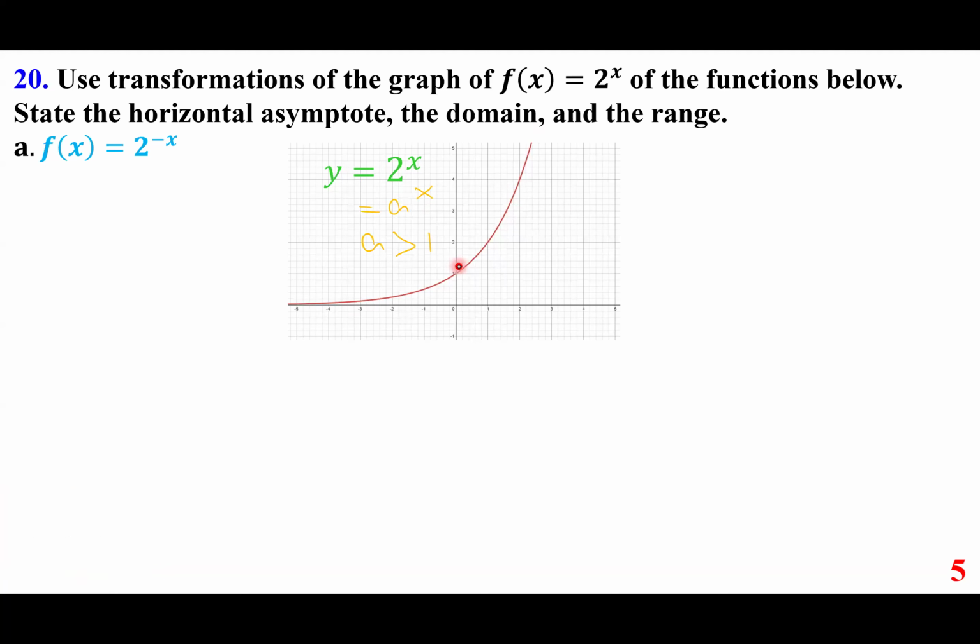And domain is all real numbers, range is 0 to infinity. Here's the horizontal asymptote. So that's for the basic function. We should know the graph. Clearly the y-intercept at (0, 1).